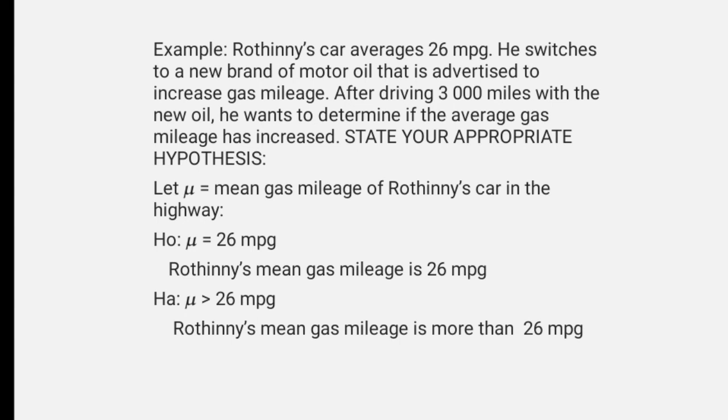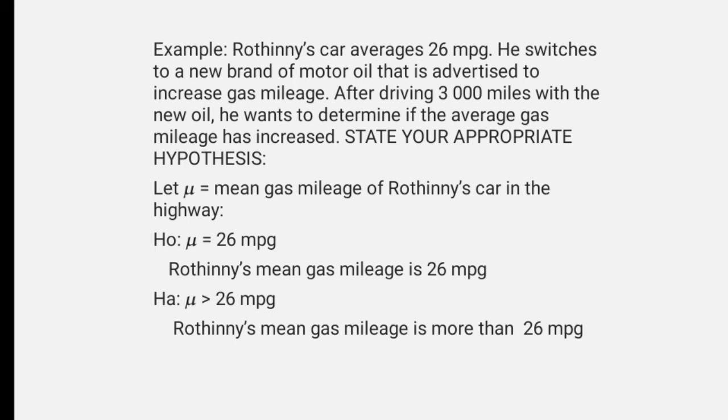And in the sentence form, you can write it out as Rothen's mean gas mileage is 26 miles per gallon. Now, for the alternative hypothesis, you need to use the appropriate inequality associated with the word problem.